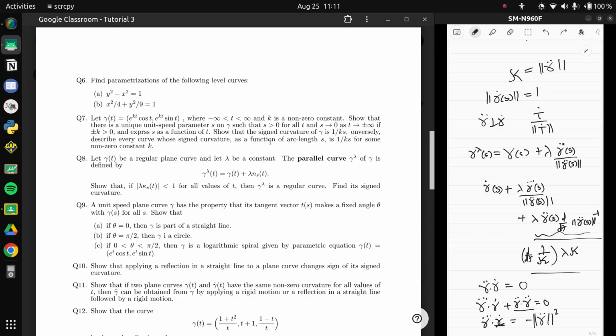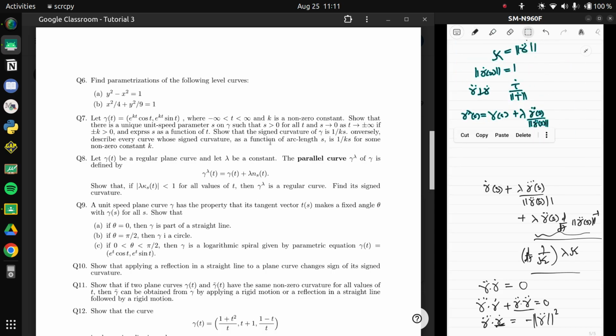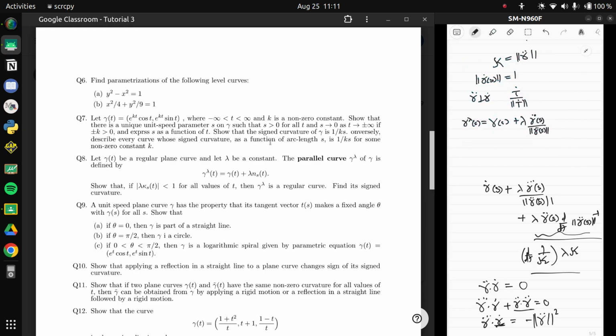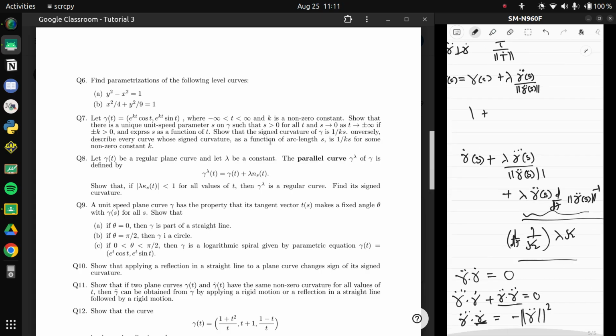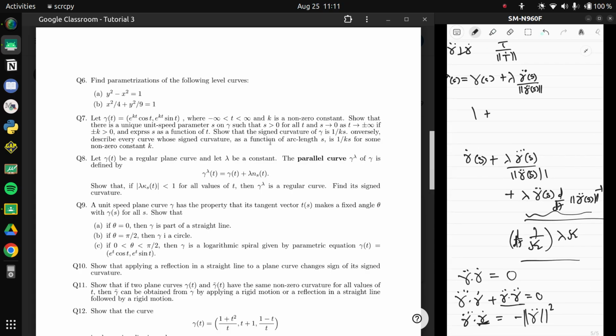When I say the first component, I mean the component along gamma dot, and the other one would be perpendicular to it. So gamma dot is 1 in magnitude, plus this thing, which is the square of that. So it's just minus lambda, right, which is just kappa.